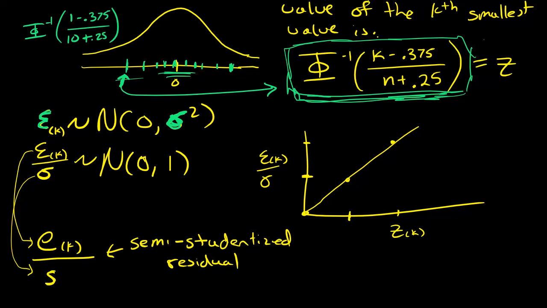So we replaced the population standard deviation sigma with s. That's what studentized means. So why is it called semi-studentized? In order to be truly studentized, this s here should be the standard error of our residuals, which are the observed values minus the predicted values.